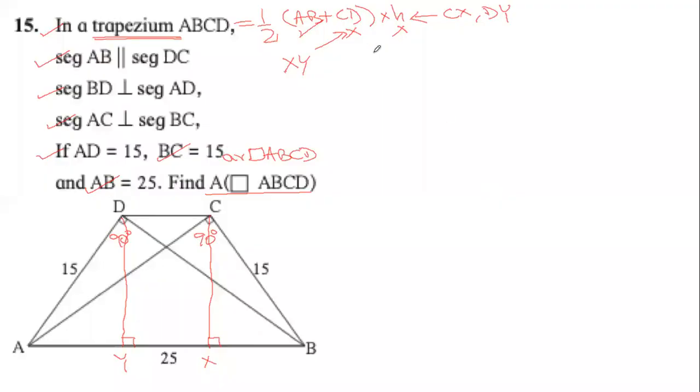Now let us try to find these values. Let us look at triangle ABC. What kind of triangle is this? Quickly speak or type. Answer is very, very simple. Look at triangle ABC.